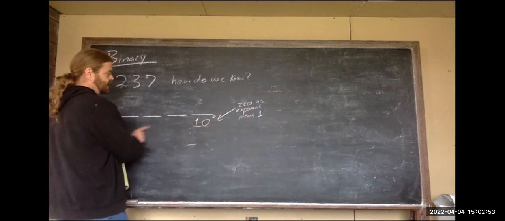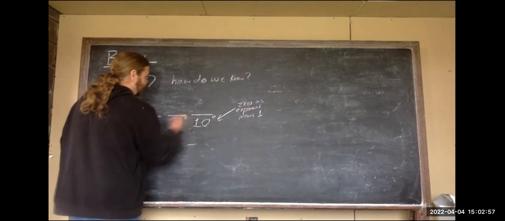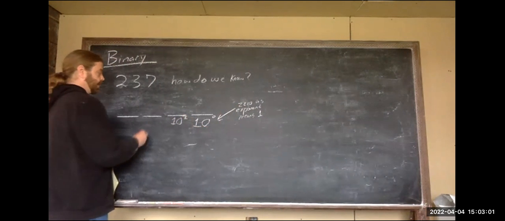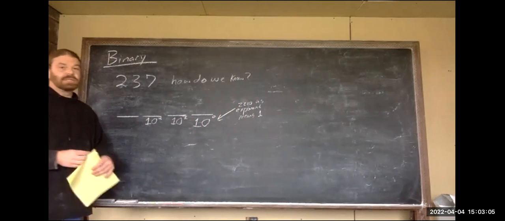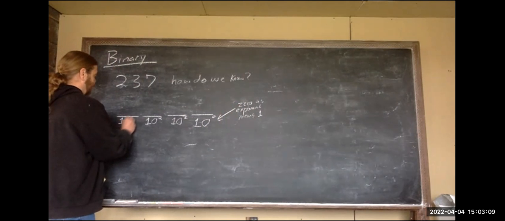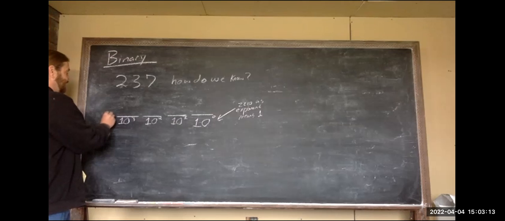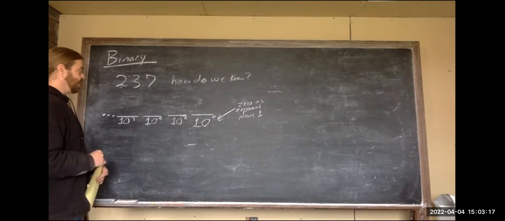And then we increase the power of 10. So our next column represents things 10 to the first power. Then 10 squared, which is 10 times 10, or 100. And 10 cubed, and that pattern just continues. Y'all are familiar with that pattern, so that's probably enough.